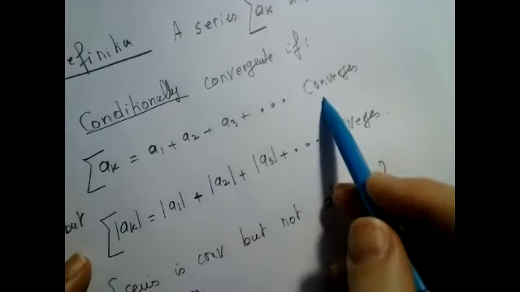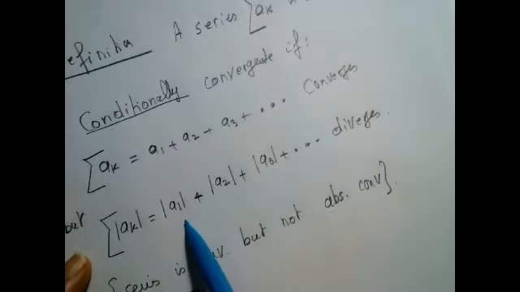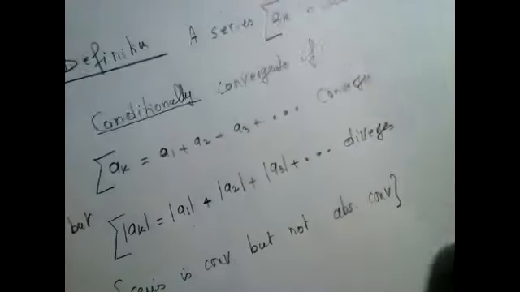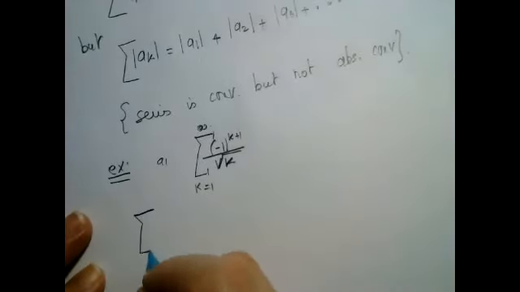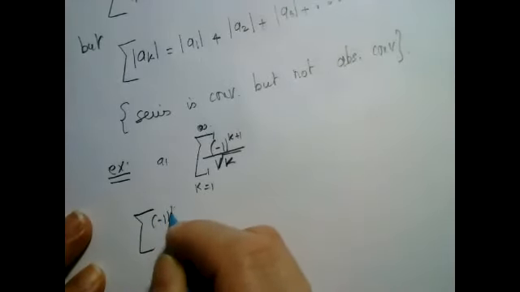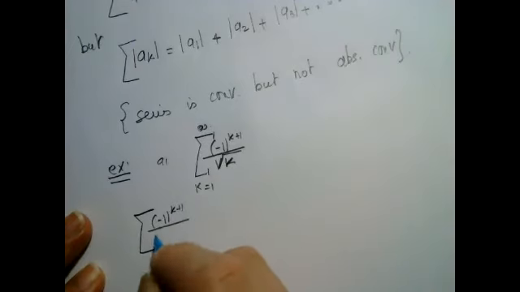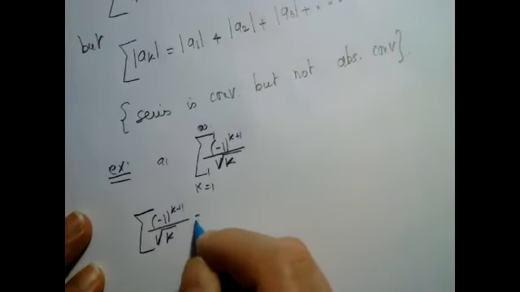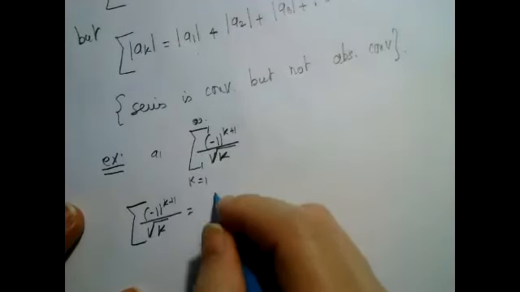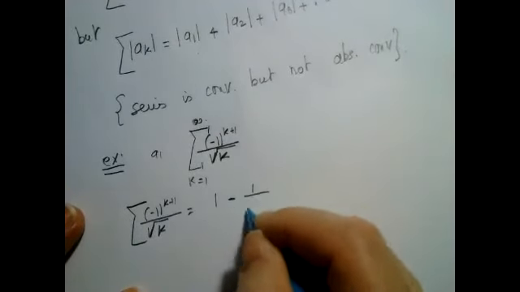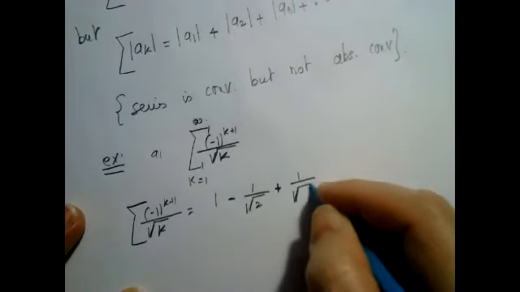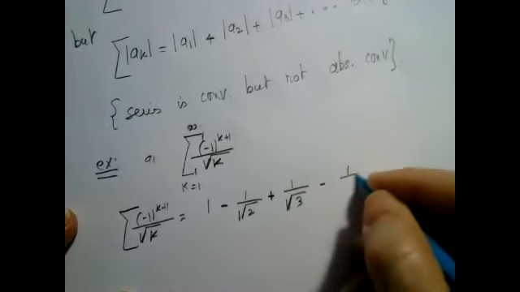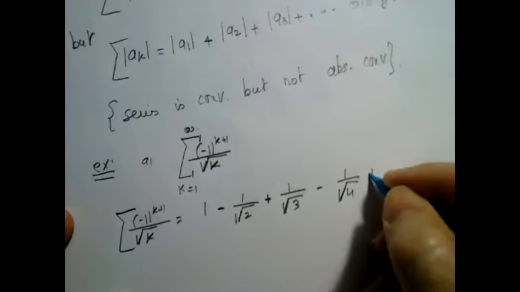What does conditionally mean? It means without absolute value it converges, and when I put the absolute value it diverges. Let's see if this is satisfied. Without absolute value, by itself, this is 1 minus 1 over square root of 2 plus 1 over square root of 3 minus 1 over square root of 4, and so on.